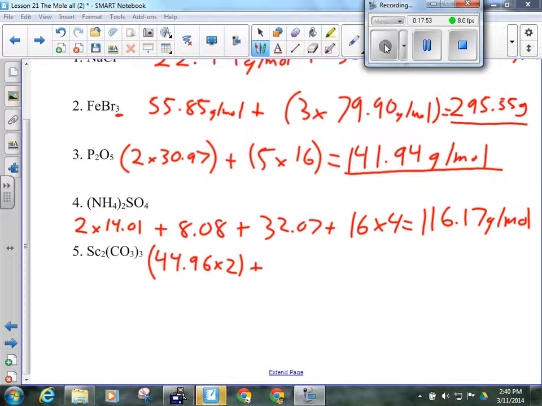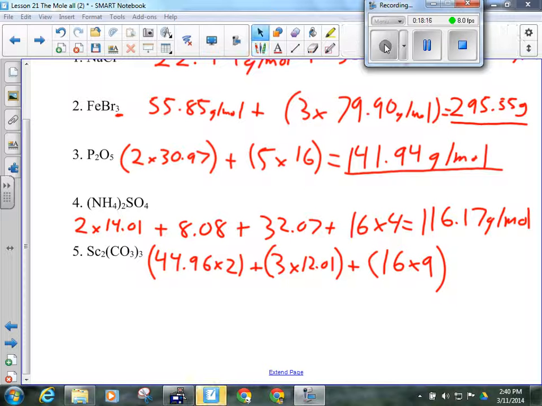Now, how many carbons are there in 3 carbonates? 3, because there's only 1 in each carbonate, so there's 3 of them. All right, so 3 times 12.01. And how many oxygens do we have? 9. 3 times 3 is 9. So we've got 16 times 9.